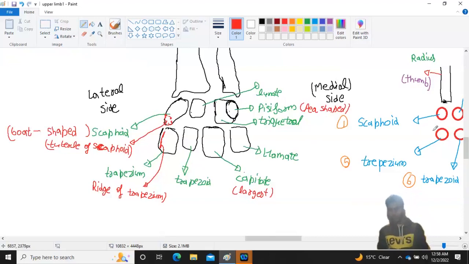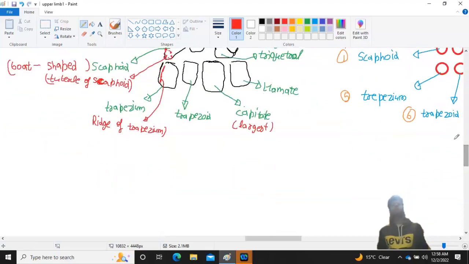Next, one important point: which bone is the first ossifier and which is the late ossifier.